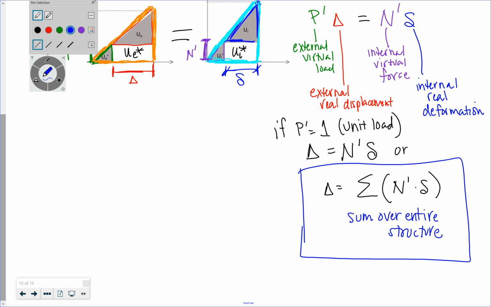So that's the derivation of how virtual work works.